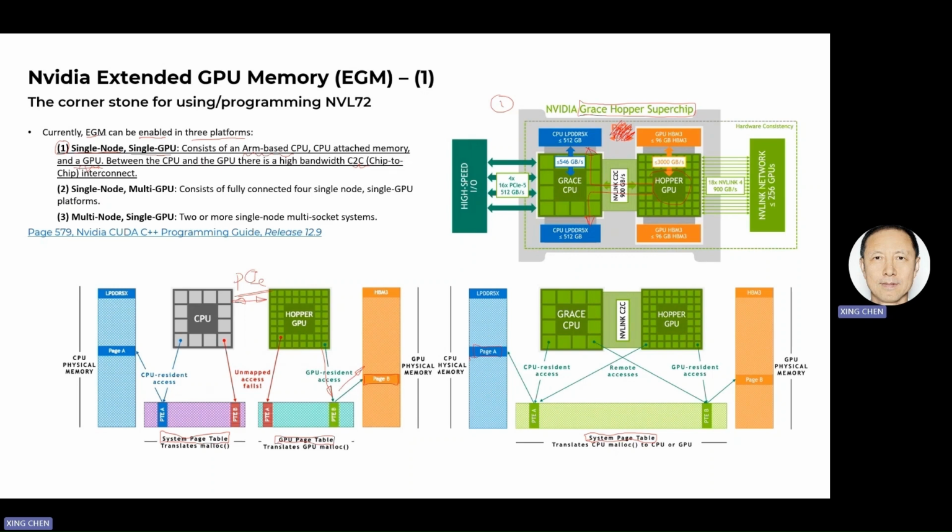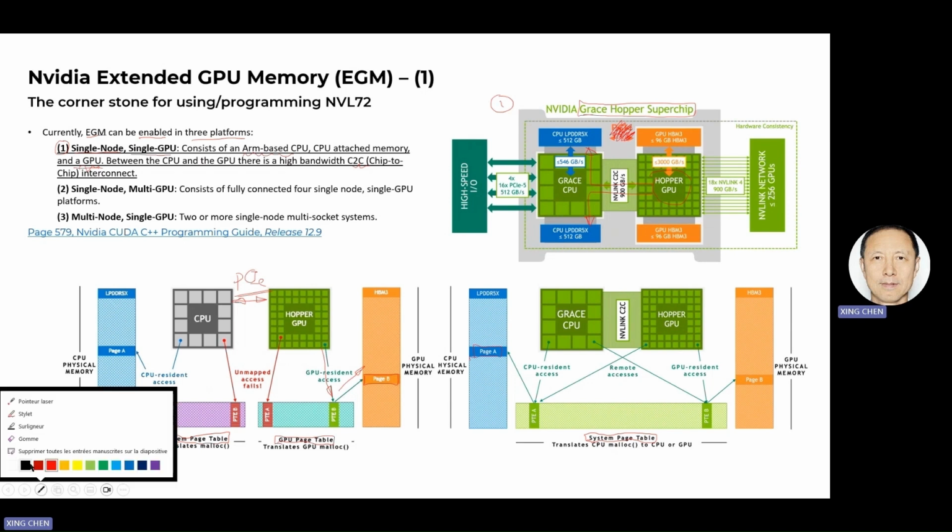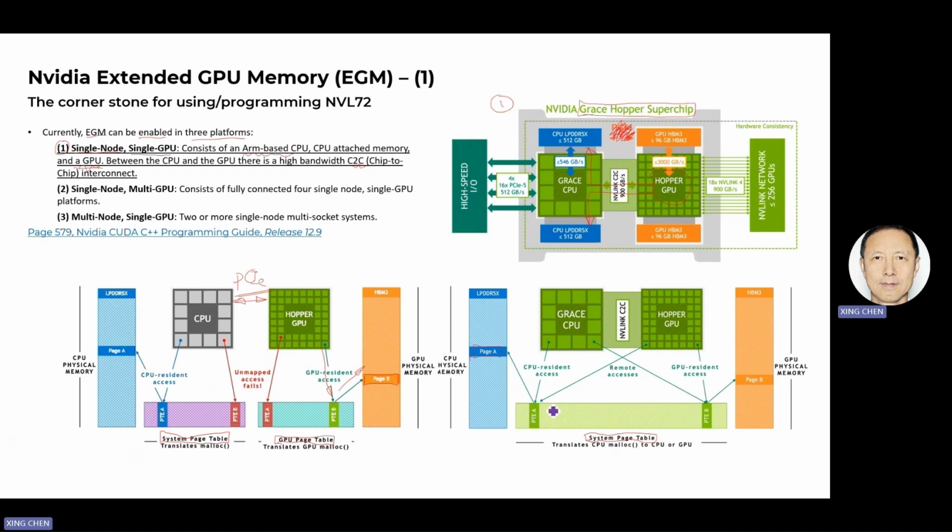But we need to understand a little bit more than that, because the real life implementation is a little bit more complicated. What really happens is that you still have two page tables.